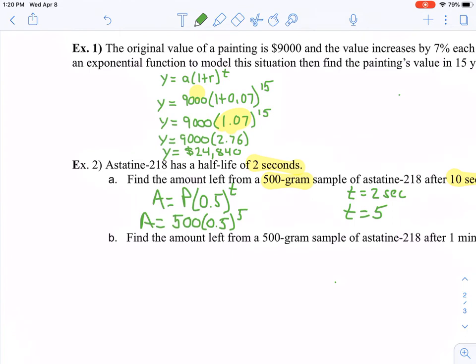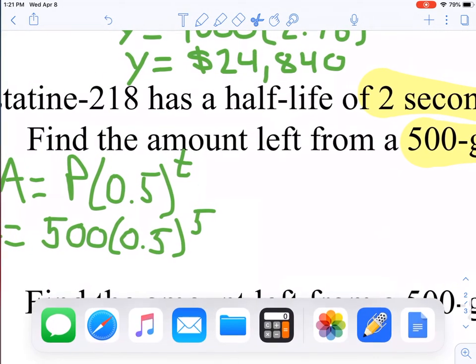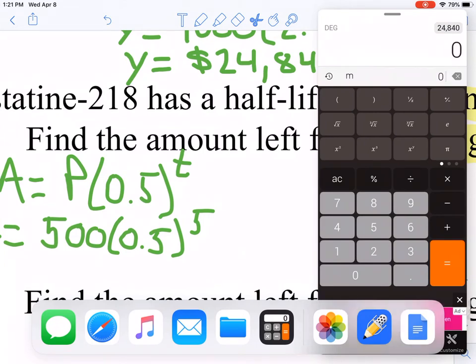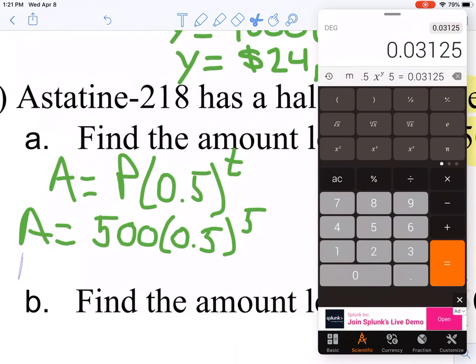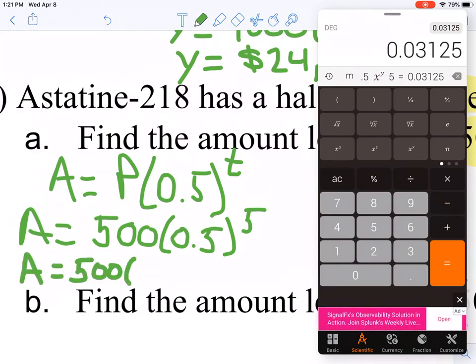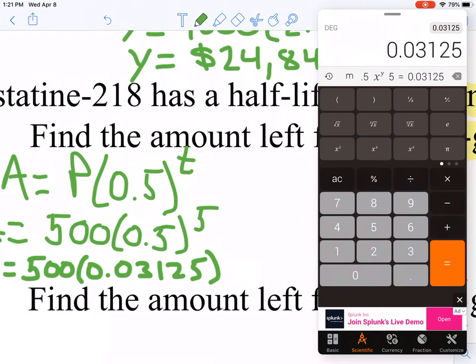And here's where you're going to be surprised how little of it will actually be left over even after 10 seconds. Because 0.5 raised to the 5th power is 0.03125, which, if you look at that number, is a little bit more than 3% of the original amount.